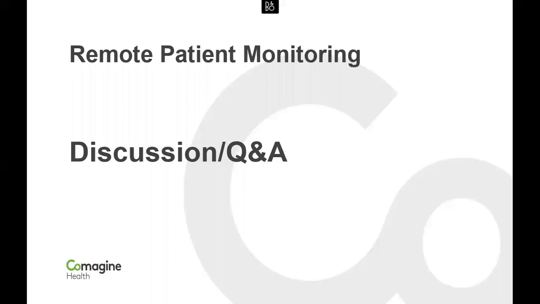CMS in their 2020 comments indicated that there are a lot of questions related to the technology. At this point, they have identified that they are going to address those in future rulemaking. I know they did release an FAQ that caused some questions, but there are devices that transmit via cellular in addition to Bluetooth. So I have not seen any definitive answer on that one. It's still in the gray area.